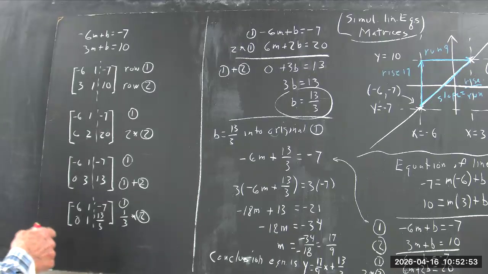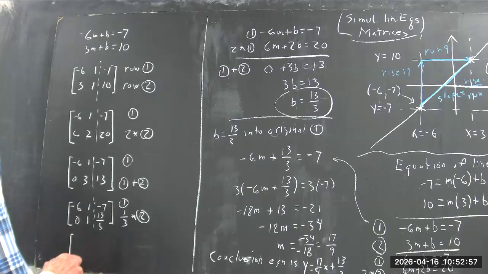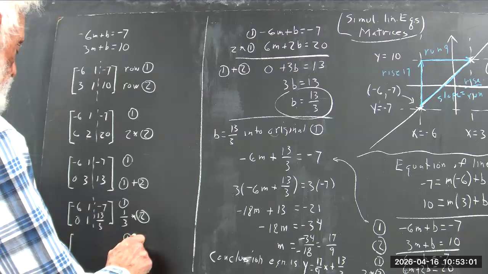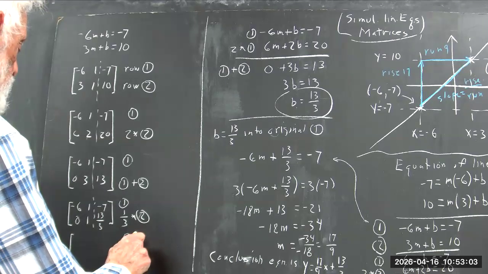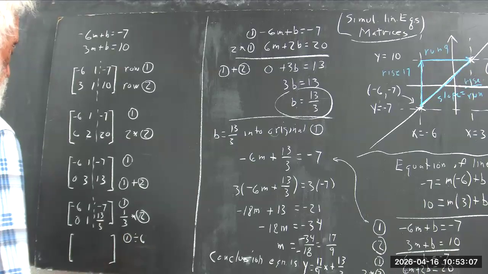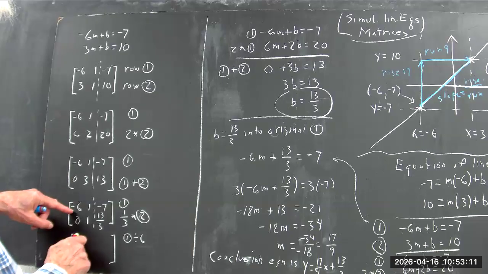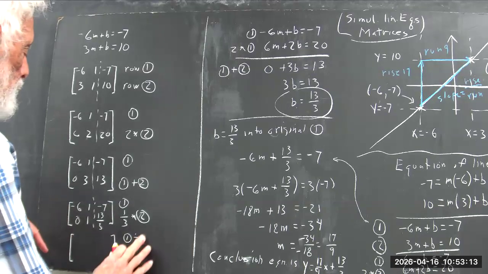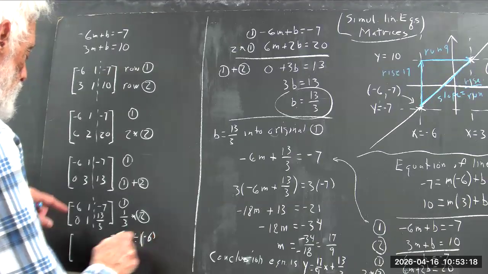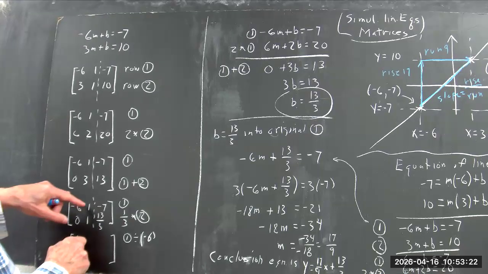Now, another thing I do that I would ordinarily have done much earlier is take my row 1 and divide it by negative 6. So I've got a new matrix. I've got my negative 6, which I divide by negative 6 to get 1.